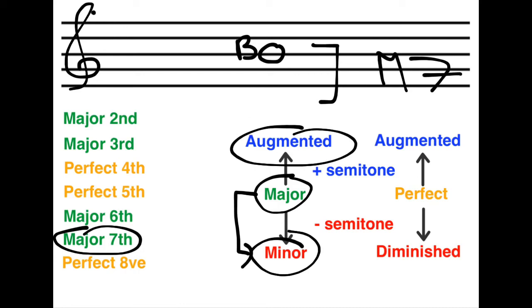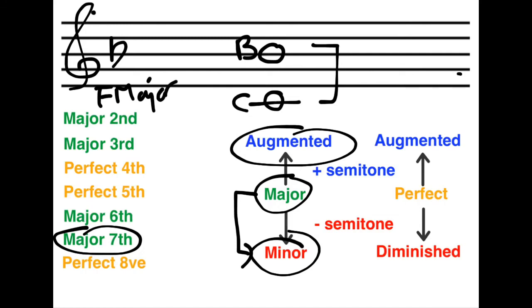Say for example, just keeping that C and B where they are, what happens if you're in the key of F major? And you want to know within that key, you've got a C to a B. Look to see, does the key signature affect any of those notes? That B flat does.